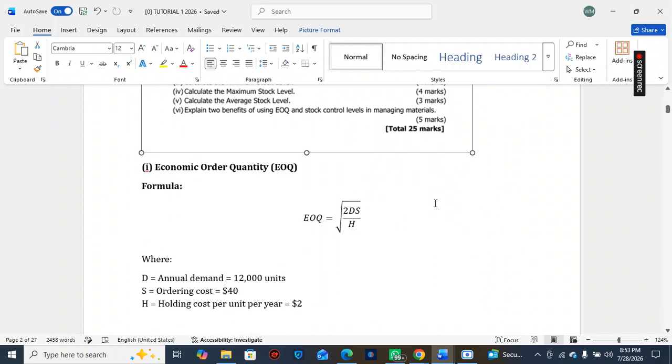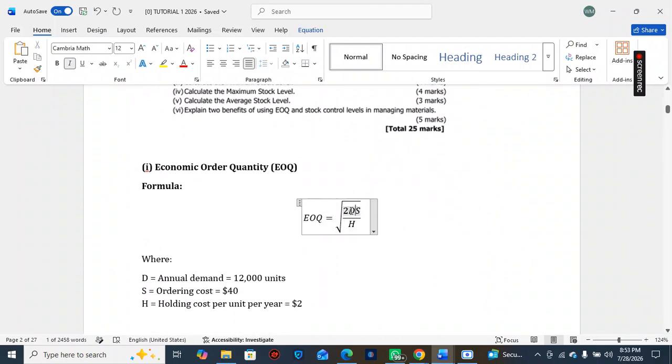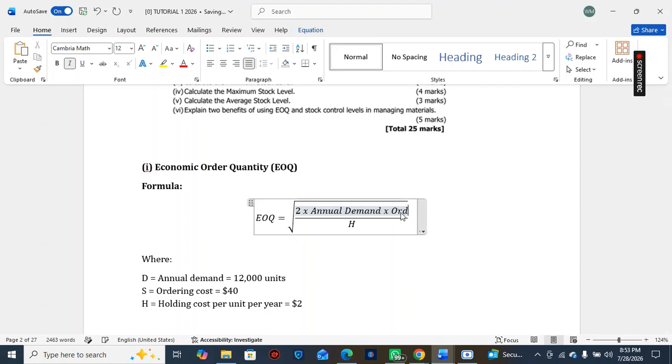Right. So this is the formula for the economic order quantity: 2 times annual demand, multiplied by ordering cost, over the holding cost, all under a square root.